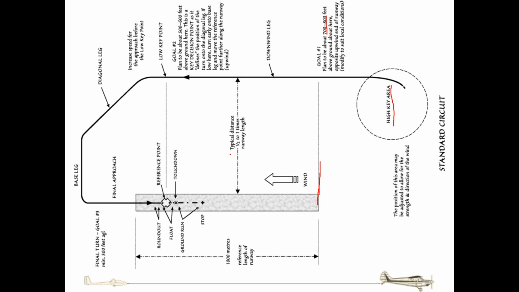Now, the one piece of this diagram that I'm not really keen on is this guy right here, and we're going to be talking about that piece in a little bit of detail. But notice it says 1/2 to 1 times the length of the runway. So you're actually talking about an entire runway length away. And this is where I see a lot of students struggle, where instead of doing this downwind leg at the right distance away from the airport, they do this kind of a thing and they crowd it in too much.